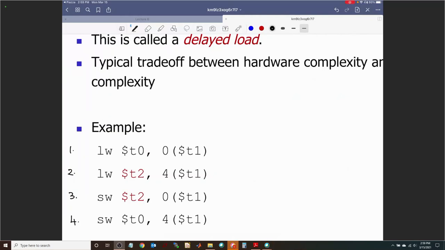And if yes, in which 2 instructions? Two and 3, right? So 2 and 3 have a problem. There is a load use hazard present over here. I am writing to $2 and I'm using $2 right in the 3rd instruction. So there is a load use hazard present over there.